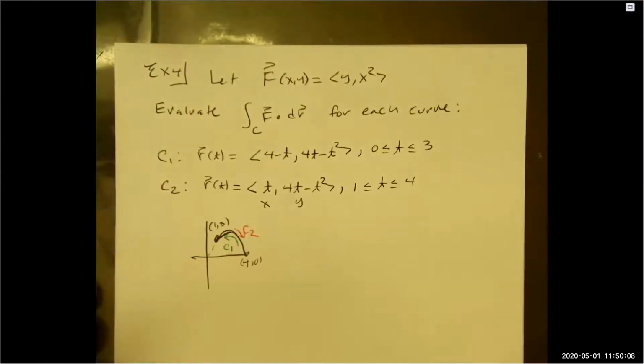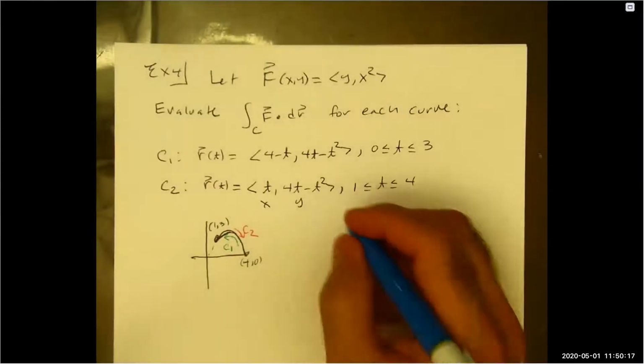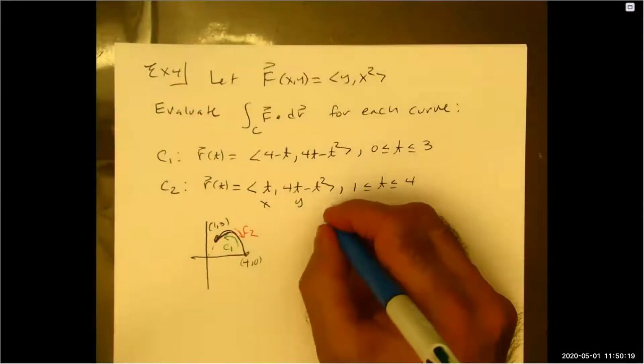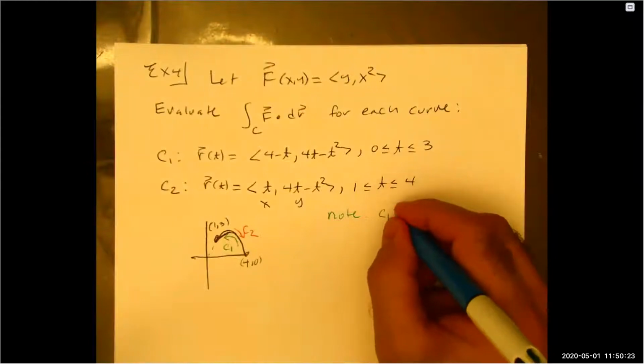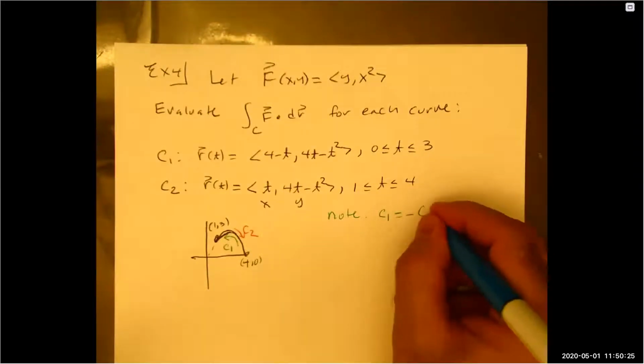And so we have opposite orientations along the same curve. A notation that we use for that is we could say that C1 is equal to minus C2.